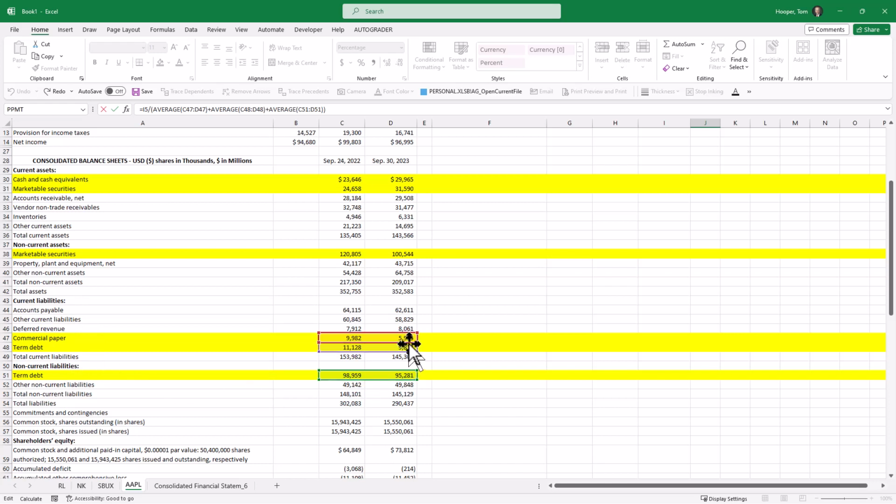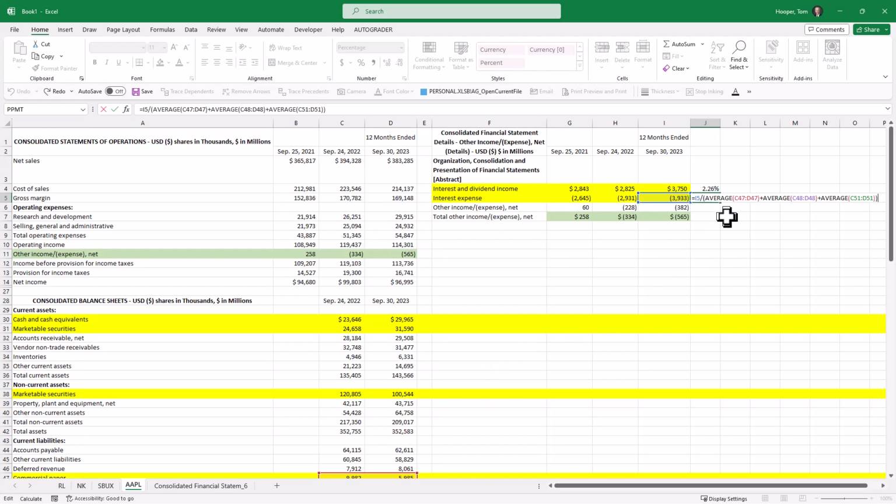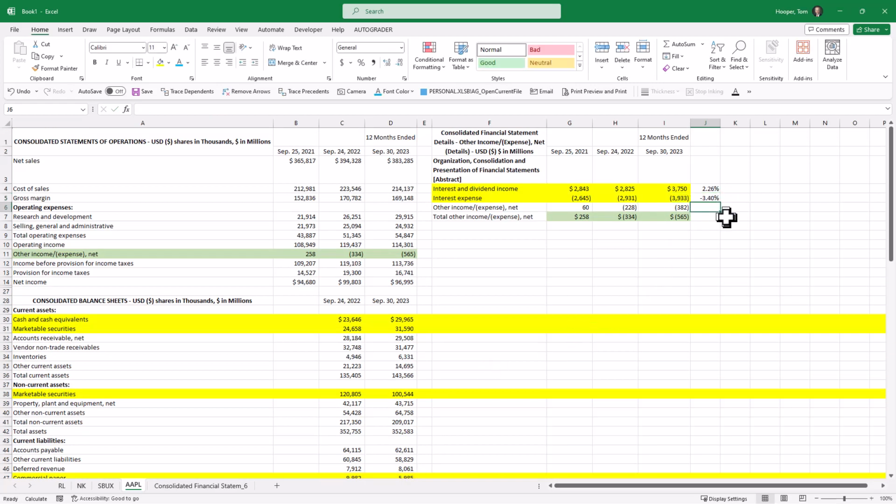So we need to add all those 3, but before we can add them, we need to average them. When we run our ratio here, we get a 3.4% cost of borrowing. Again, Apple can borrow at quite a bit more attractive rates than some companies. Then the question remains, these other expenses aren't even interest, they're very small, we can ignore them.